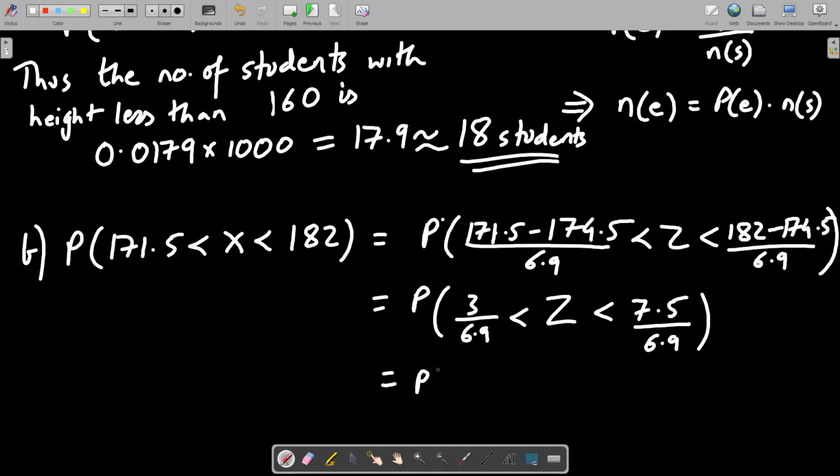This is probability of, there's a minus sign here, minus 0.4 something is less than Z, and this will be 1 point something.